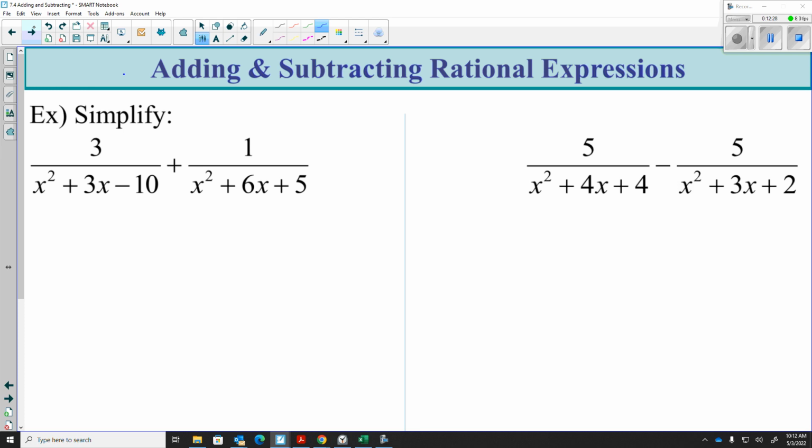Nah, I don't want to multiply those together, okay? If you find yourself multiplying together 2 trinomials, stop. Okay, don't do it. If you see one that looks like that, start by factoring. Okay, so we're going to factor everything.